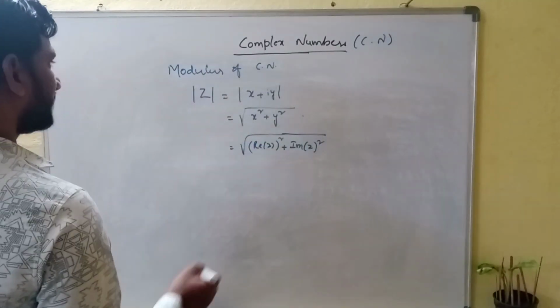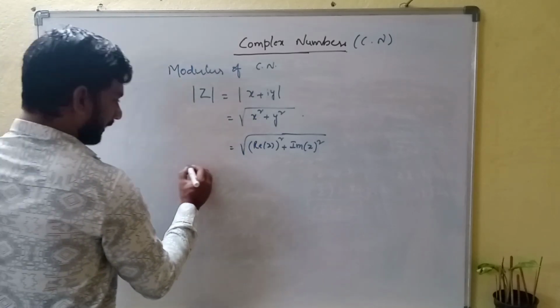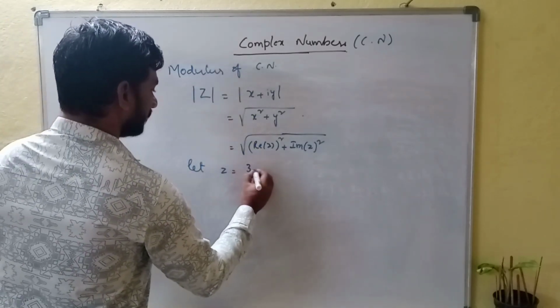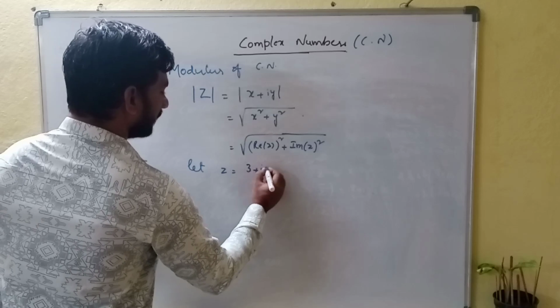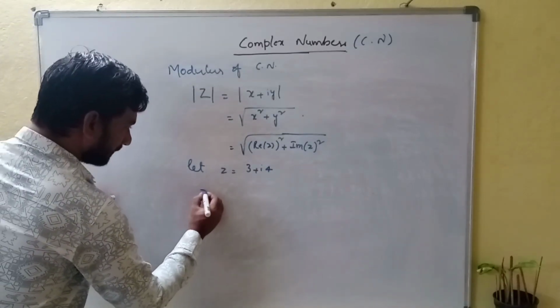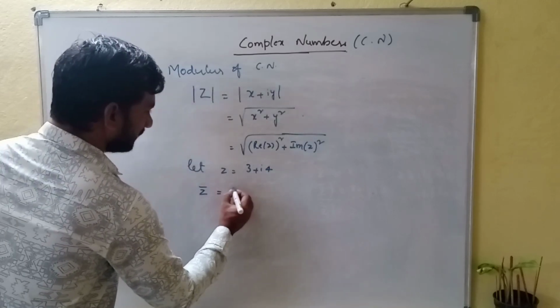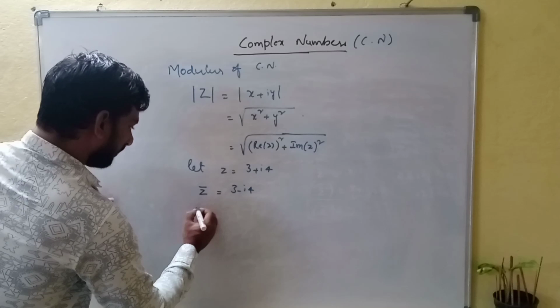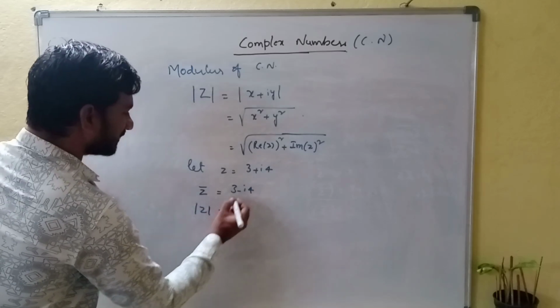Let's take one example. Let z equal 3 plus i4. Then what will be the conjugate of this complex number? z bar equals 3 minus i4. Again, what will be the modulus of this complex number?